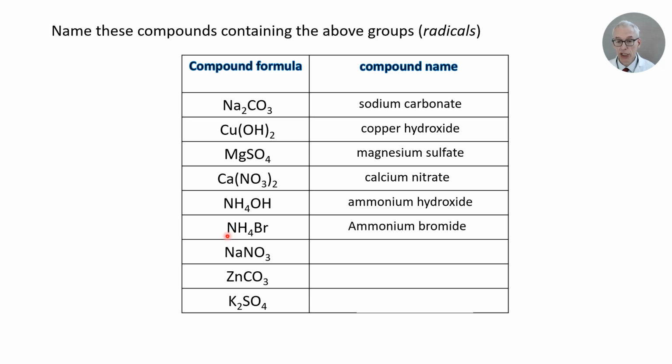Below, ammonium bromide. Sodium on the left and NO3 nitrate on the right, so sodium nitrate. Zinc carbonate, CO3 is the carbonate group. And finally, K2, which is potassium, SO4, potassium sulfate.